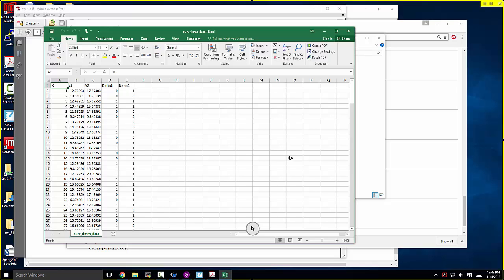Y1 is for group 1, those are the survival times in group 1, and delta 1 are the censoring indicators for that group. So every 1 is an actual death, and every 0 is a right censored observation. Then Y2 and delta 2 are for the second comparison group. You can just ignore this first column. That was just row names that got added to the file when I wrote it to a file. So all we care about is Y1, Y2, delta 1, delta 2.